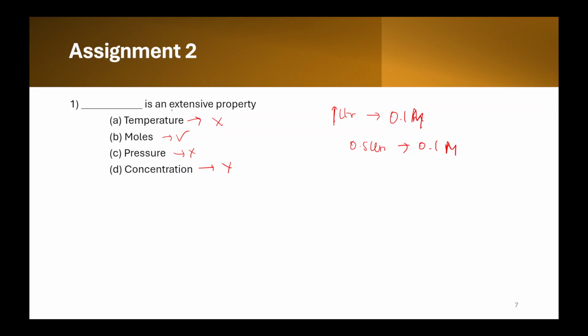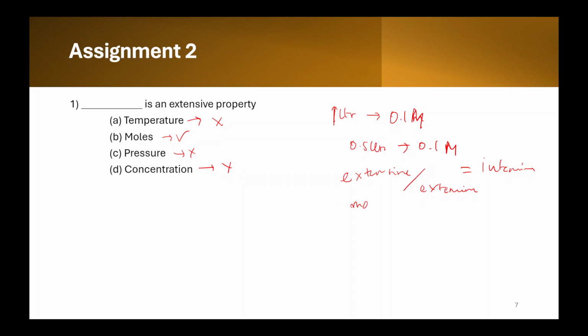So the concentration is not an extensive property, it is an intensive property. And another rule here is that if you divide two extensive properties, it becomes an intensive property. So this logic can also be applied here.